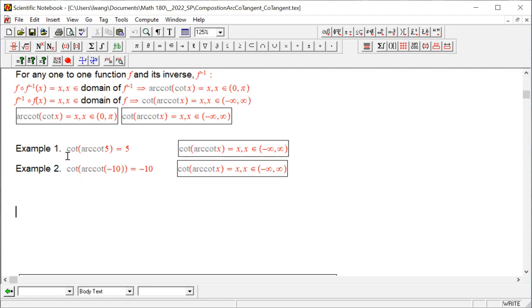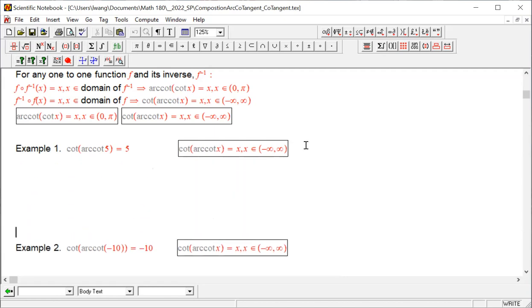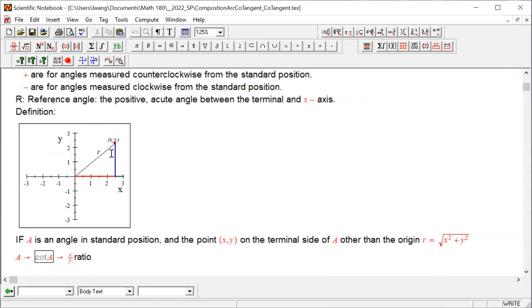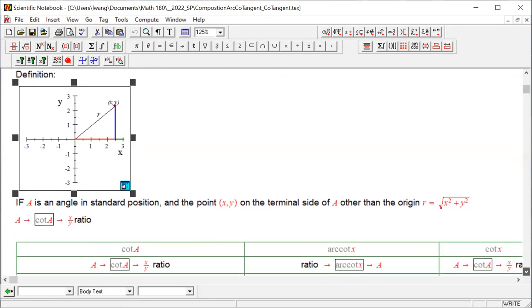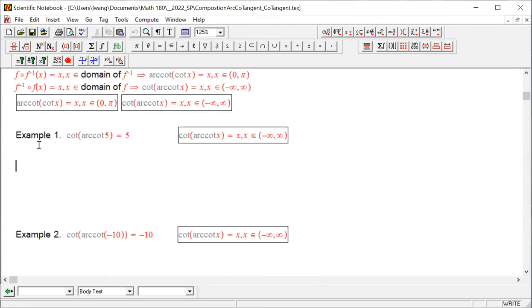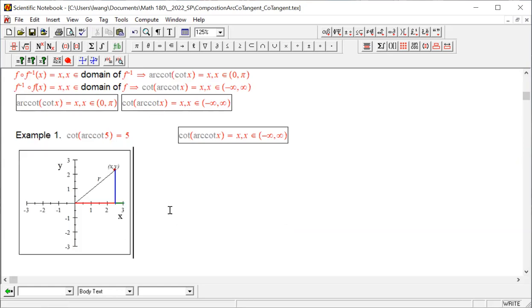It's going to give us a value from 0 to pi. For example, let me take the first one, just in case we forget. What will happen? I'm going to take this one as an example. We go back to the definition, and this is not a special angle for sure. So the other way.